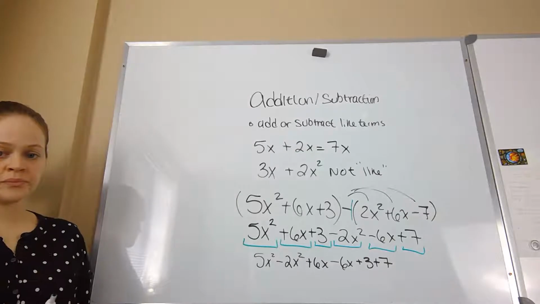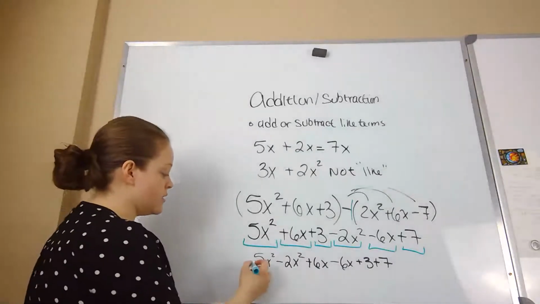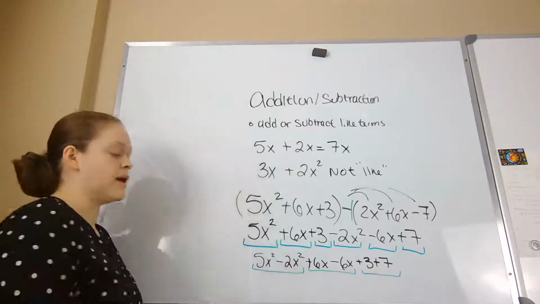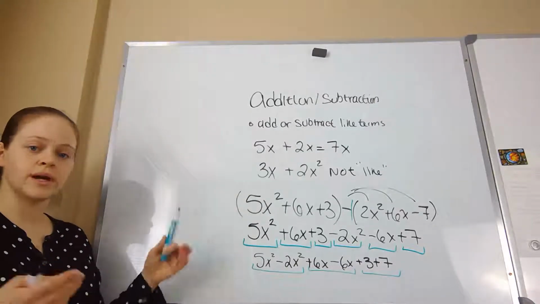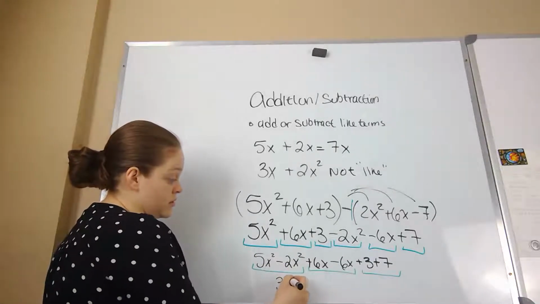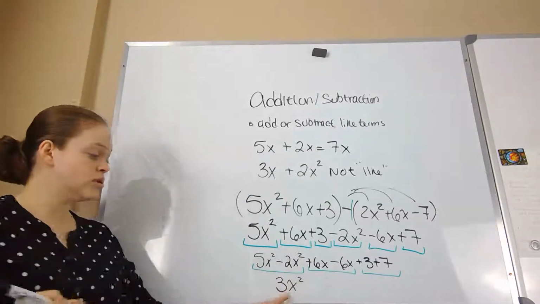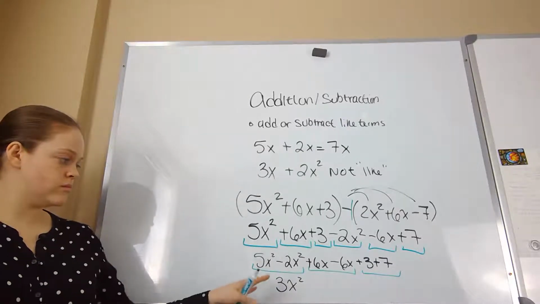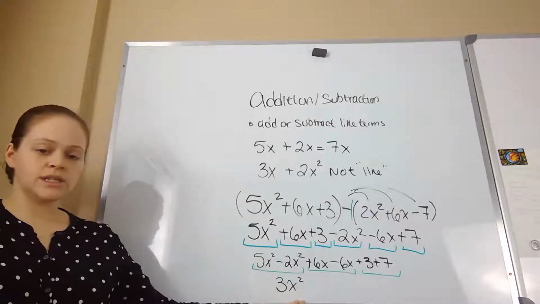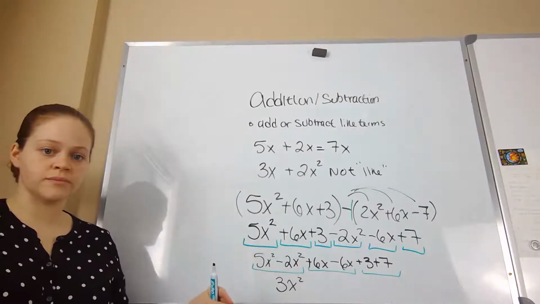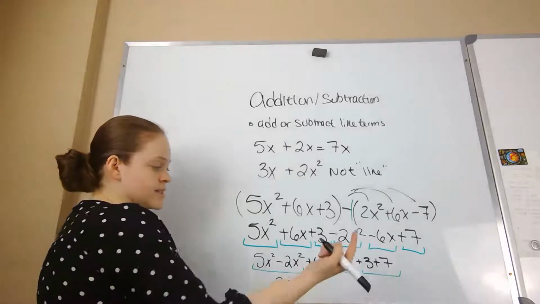The ones that are the same, you will now combine. I just rewrote it, and now we're going to combine. So 5 minus 2 is 3x squared. Do not change the x squared. Don't make it 4 or 0. Leave the x squared. That's part of the term. Just deal with the coefficients. 6 minus 6 is 0.